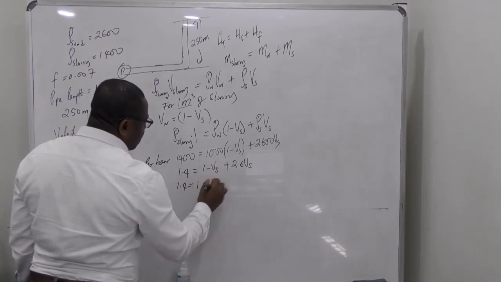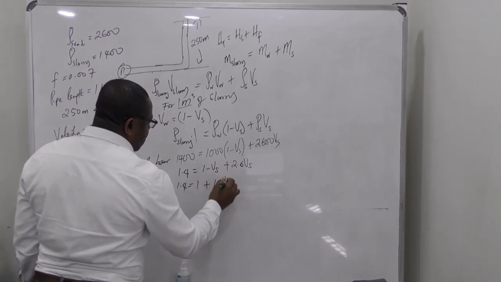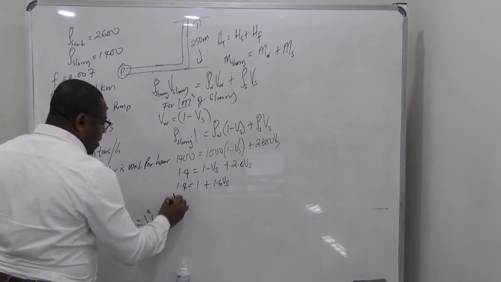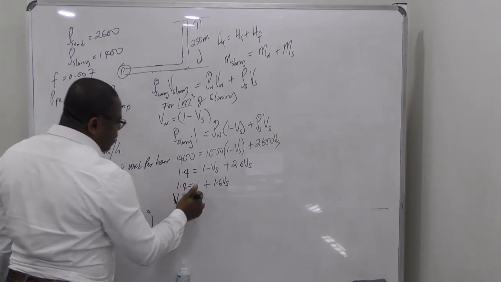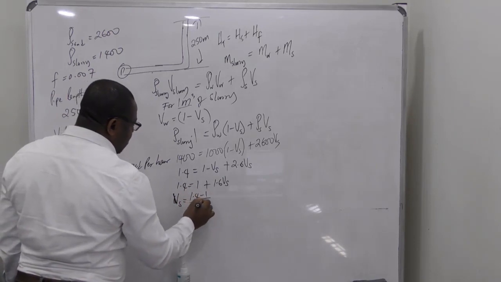Okay, so this will be 1.4 equals 1 plus 1.6 Vs. So that Vs will be 1.4 minus 1, over 1.6.